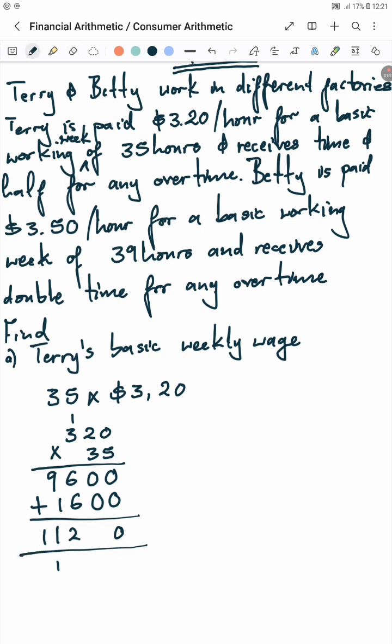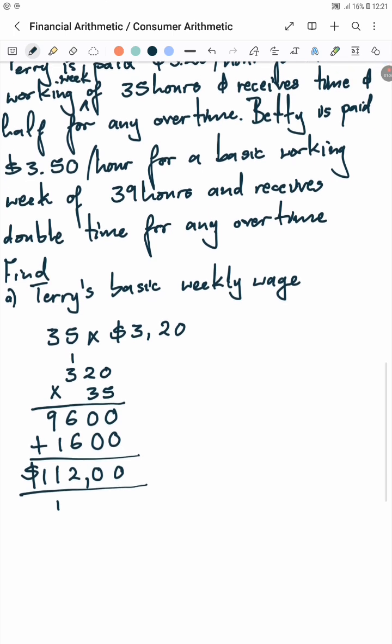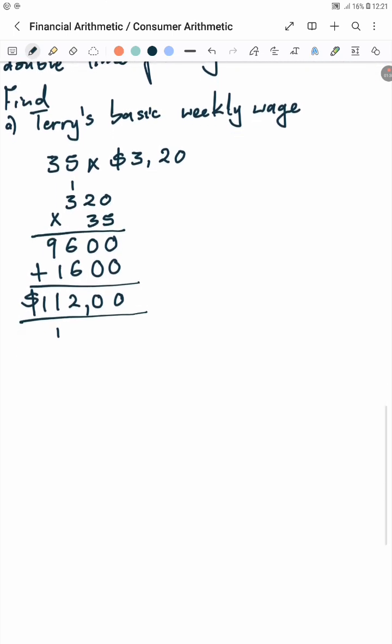Okay, so here we put 0, and here you put your decimal place, which means Terry's weekly wage will be equal to $112. Let's move on to part B and see what other question is there.